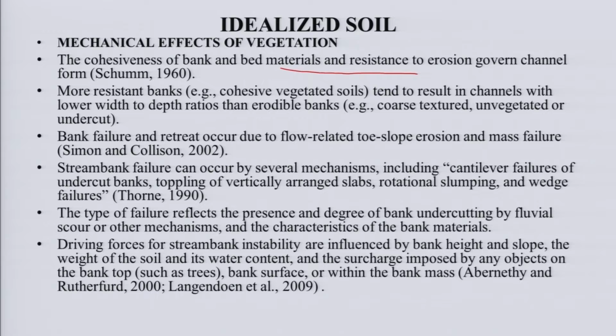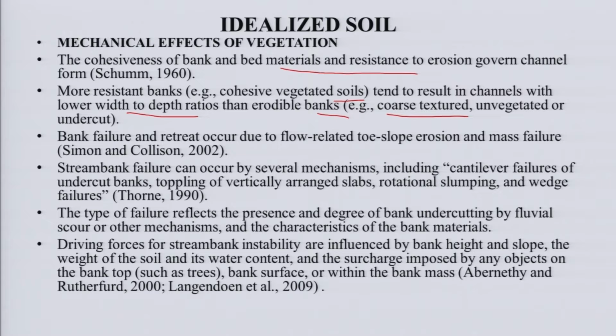Second, more resistant, cohesive vegetated soil tends to result in a channel with a lower width to depth ratio than erodible banks, that is, coarse textured, unvegetated and undercut. Third, bank failure and retreat occur due to flow related toe slope erosion.